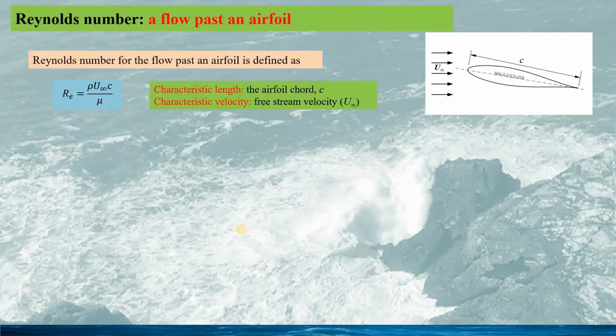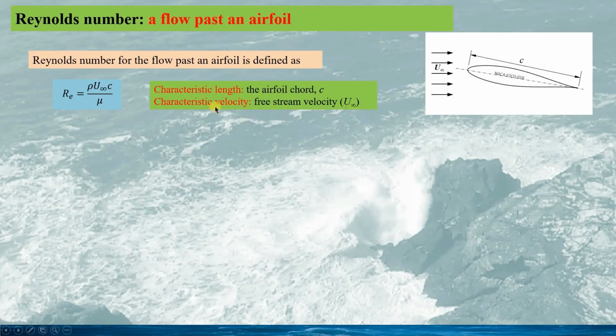Here in this slide, we'll look at the Reynolds number for the flow past a 2D airfoil. In this case, the Reynolds number is well defined as this, with the characteristic length being the airfoil chord c, and the characteristic velocity would be the velocity of the free stream u infinite.